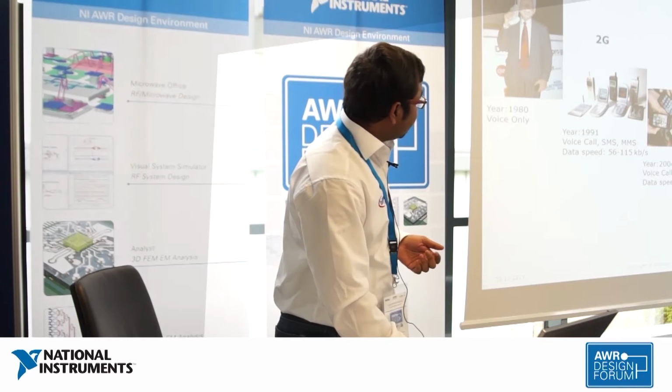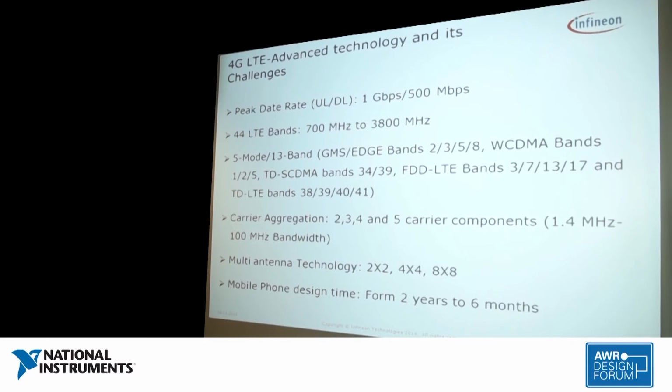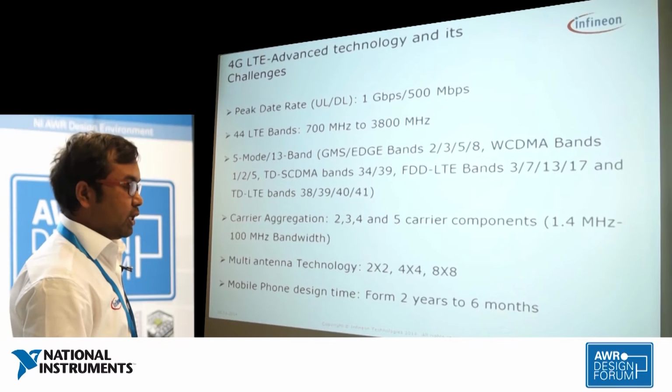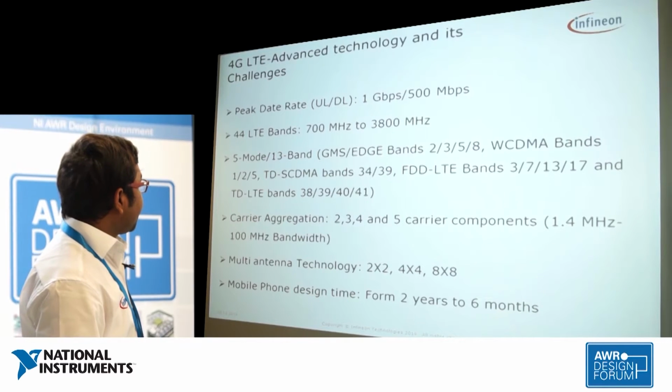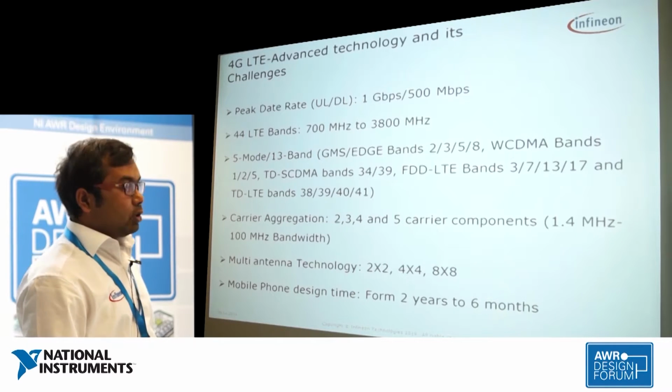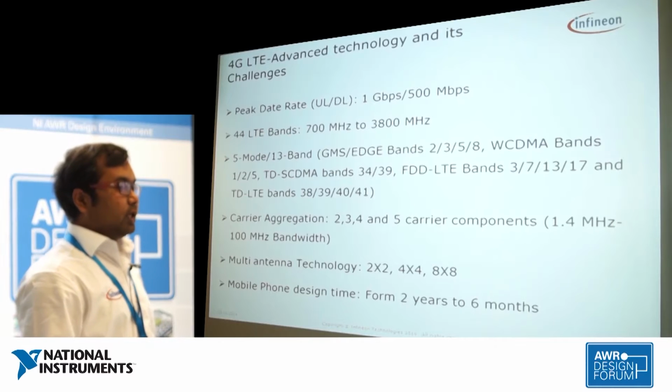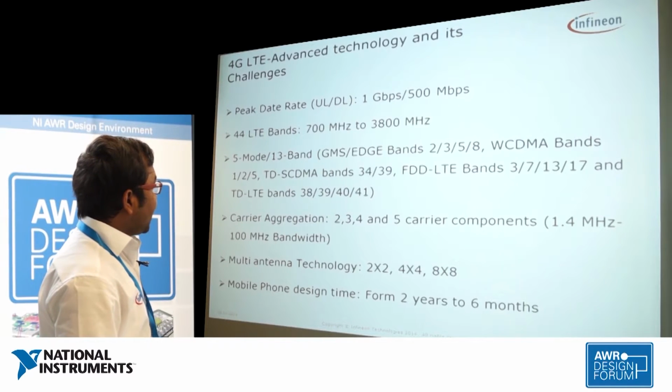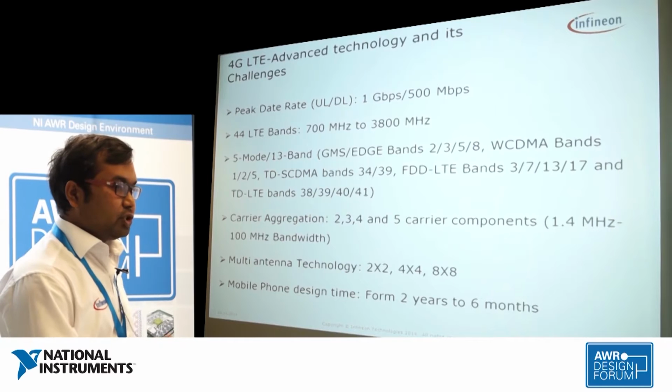Let us have a look at some features and challenges of 4G LTE technologies. The data rate is from around 300 megabit to 1 gigabit per second. In the coming mobile phones we will have this kind of speed. Initially we had analog communication in the first generation, then digital communication came and the number of bands eventually increased.